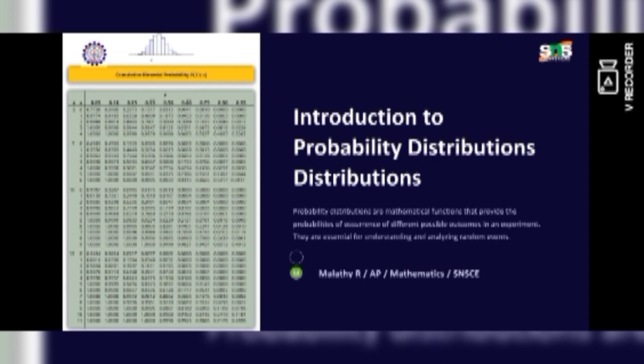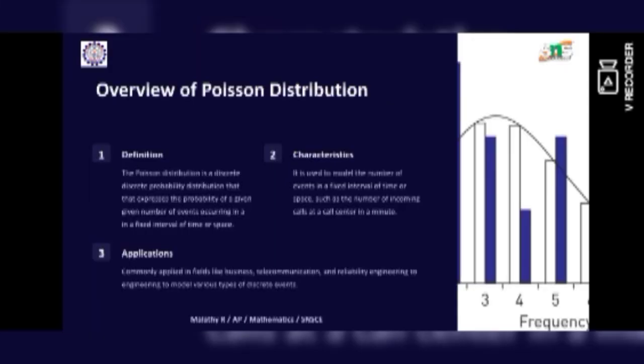So here also we have to talk about moments. The moments we are having are mean, variance, skewness, kurtosis. All that we have to talk about here also. The overview of Poisson distribution: we have discussed the definition, and we have to know about the characteristics. It is used to model the number of events in a fixed interval of time or space, such as the number of incoming calls at a call center in a minute.